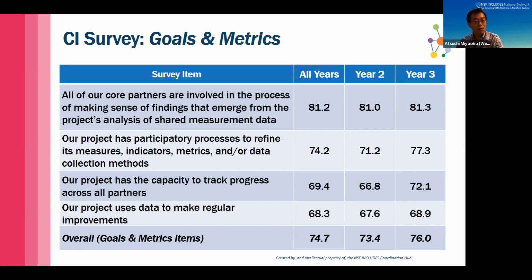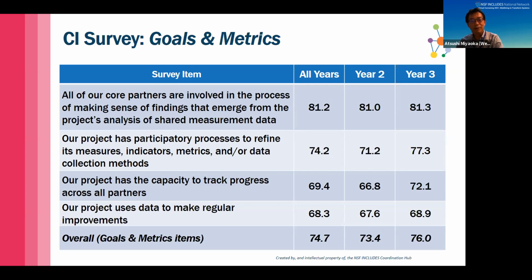Goals and metrics also includes 4 items. Project level scores range from 68.3 for "our project uses data to make regular improvements" to 81.2 for "all of our core partners are involved in the process of making sense of findings that emerged from the project analysis of shared measurement data."